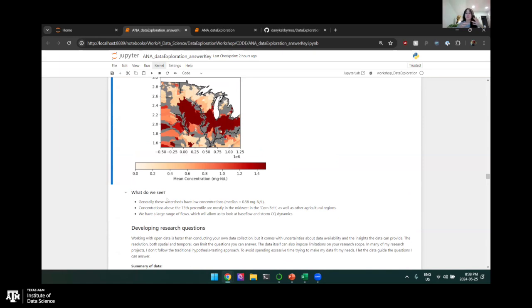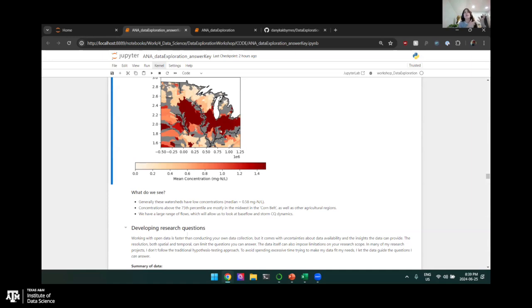At this point, we can start thinking about, okay, we explored the data. Let's start thinking about research questions. And this is where I also want to ask if there's anything that we saw in the data that is worth exploring, what would be fun to look at. But doing the step before is really important, because knowing what your data can do, like data availability, matters.